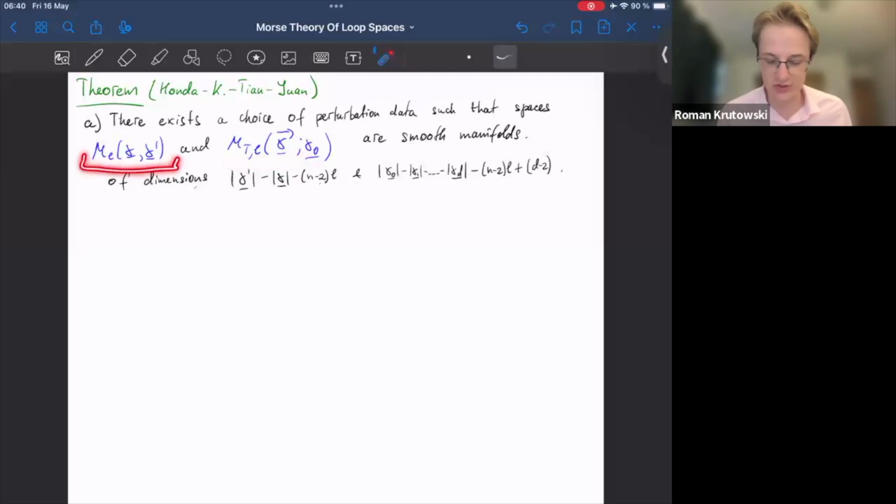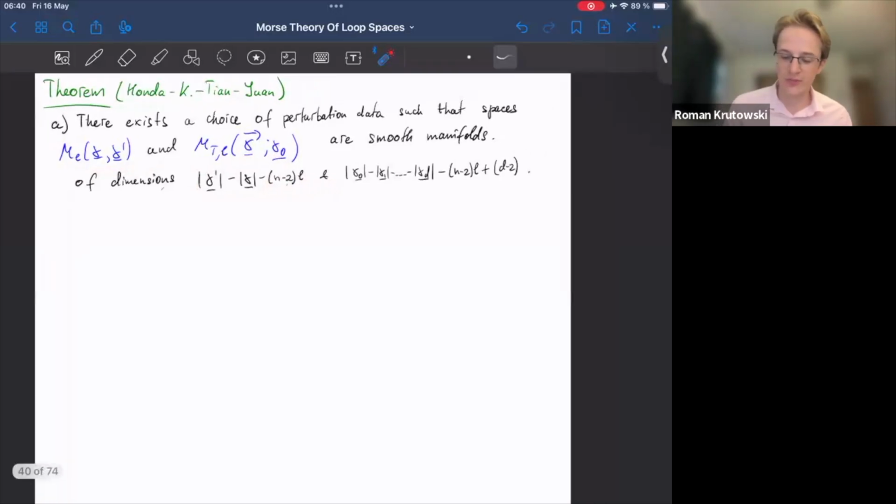Well, this is a space of our Morse flow lines with switchings, and it has this dimension where n is the dimension of the manifold. So in particular, each switch costs you dimension, but in 2 dimensions, a priori, it doesn't cost you anything. So it means that there could be infinitely many of those.